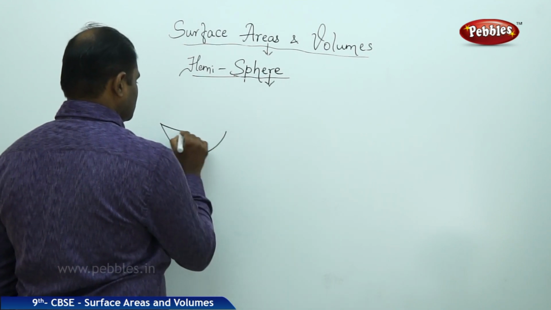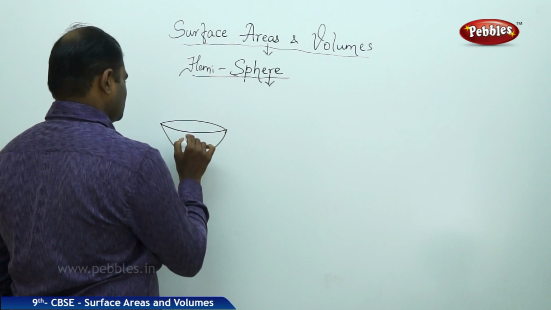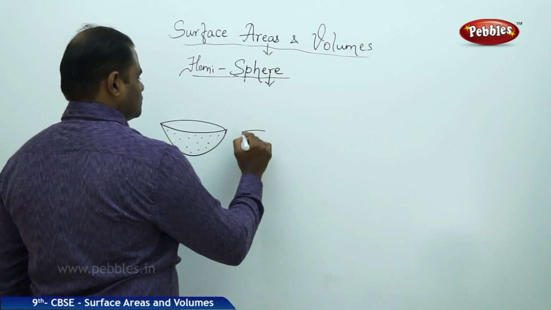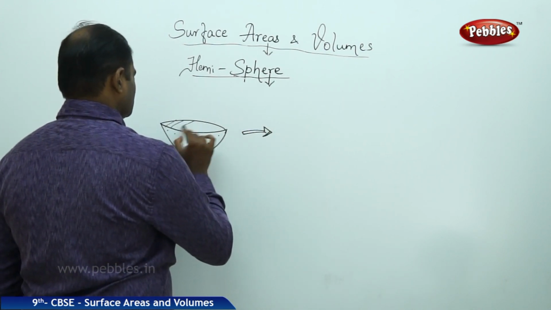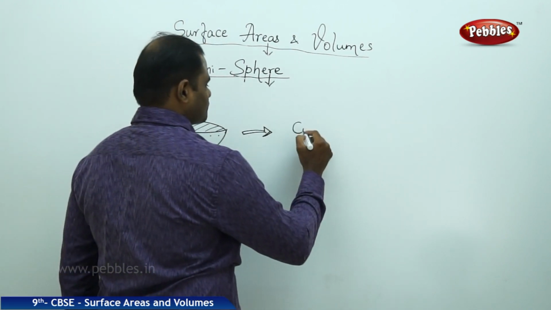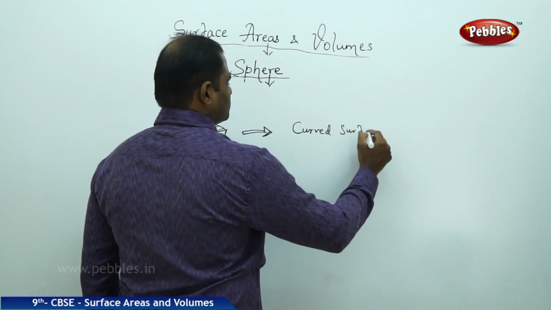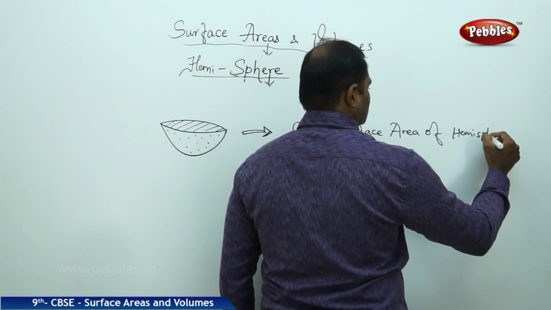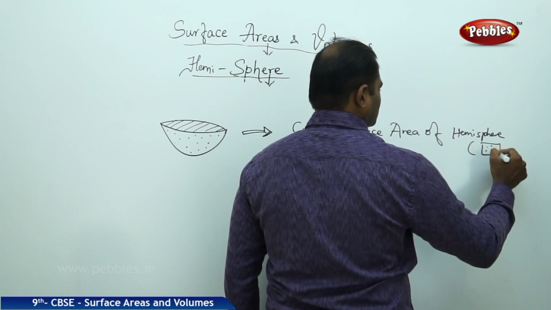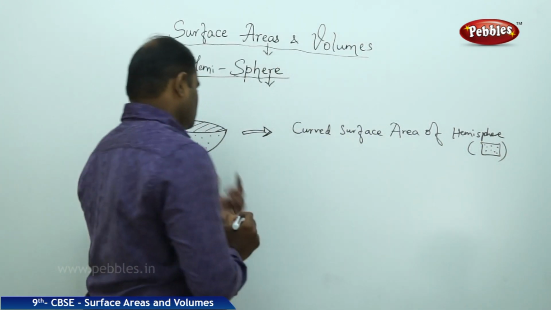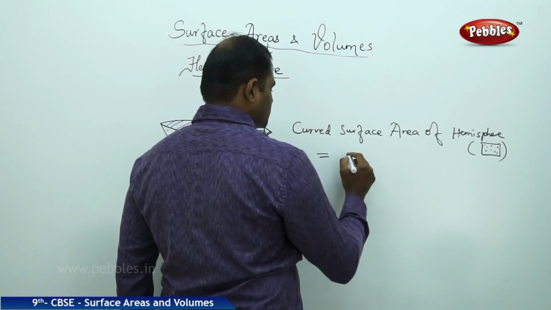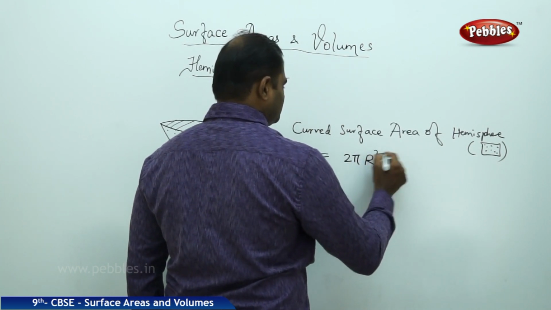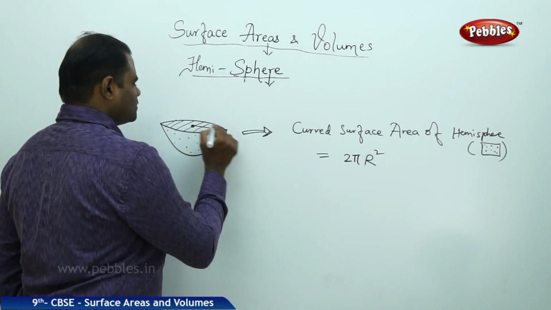Now let's see the curved surface area of a hemisphere. I have a hemisphere in which the curved surface area, as denoted by the dotted region given here, is given by 2 pi r squared, where r is the radius of the sphere.